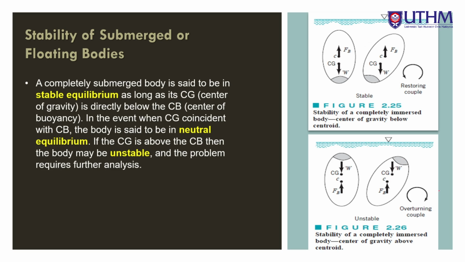So kalau kita tengok dekat figure yang bawah ni pula, kita nampak yang center of gravity dia berada di atas center of buoyancy. Okay. Kalau kita tengok dekat sini, weight ada kat atas tau. Ni weight. Kalau kita tengok kat figure atas ni, weight dia kat bawah. So dia stable.